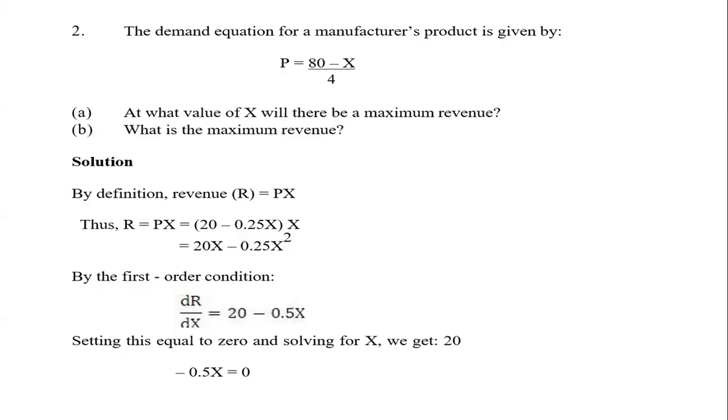If you take the definition of a maximum or minimum point, if you take the second derivative and the answer is less than 0, is it an indication of a maximum point or a minimum point? Maximum.